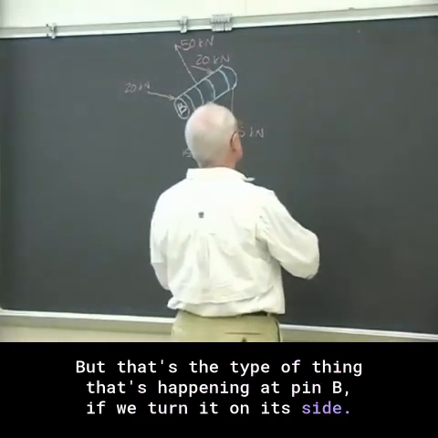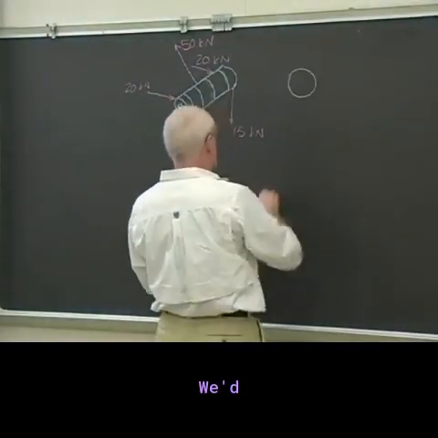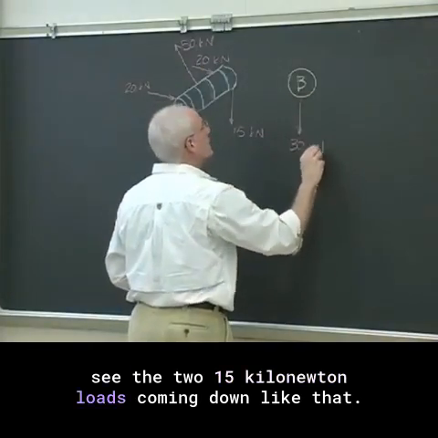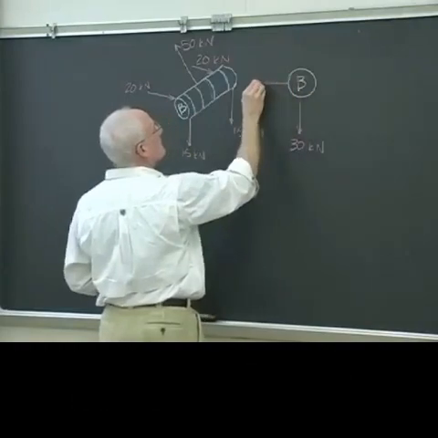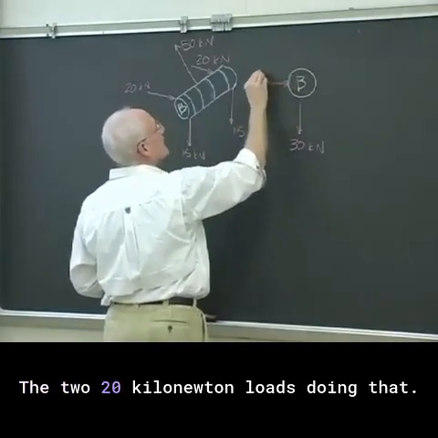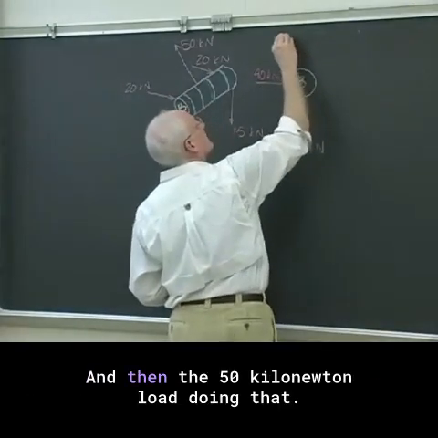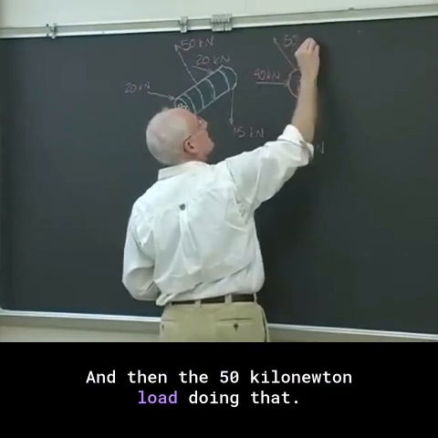If we turn it on its side, see the 2 15 kilonewton loads coming down like that, the 2 20 kilonewton loads doing that, and then the 50 kilonewton load doing that.